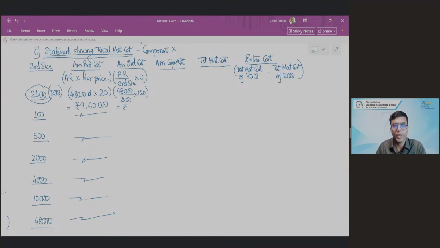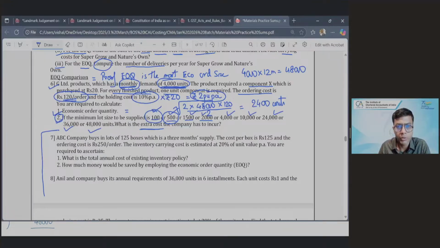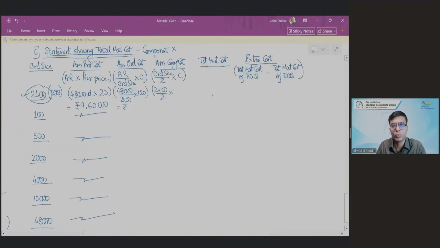Then annual carrying cost. It is your order size upon 2, which makes it average stock, into C. What is my order size here? It is the EOQ, that is 2400 upon 2 into C. How much was my C? C was rupees 2.